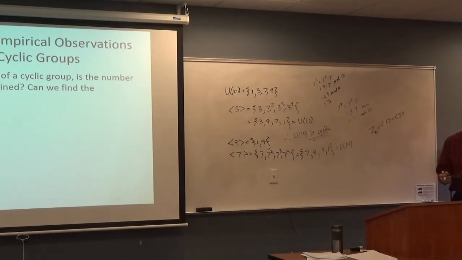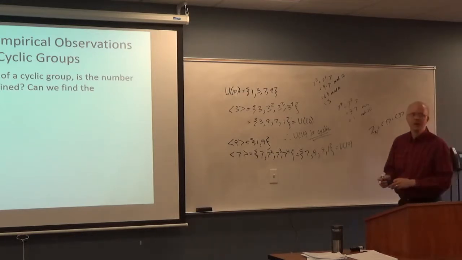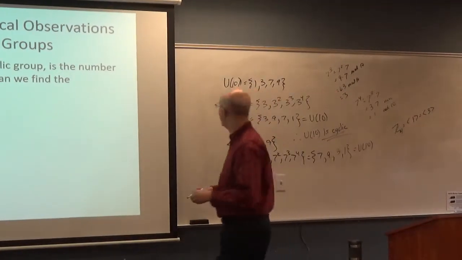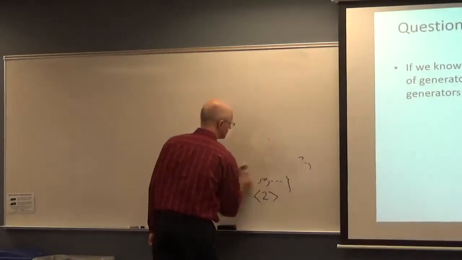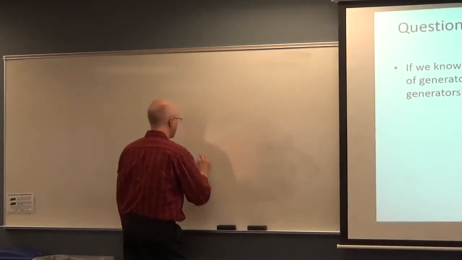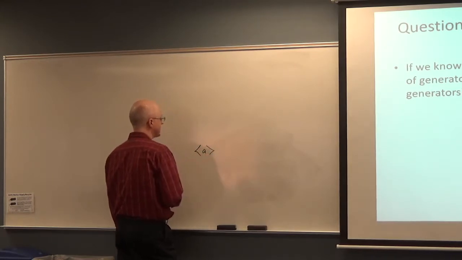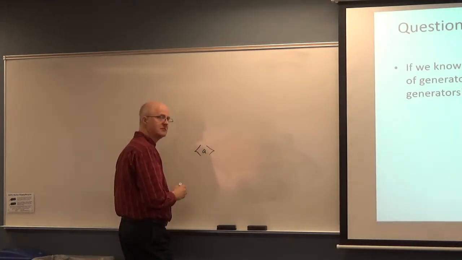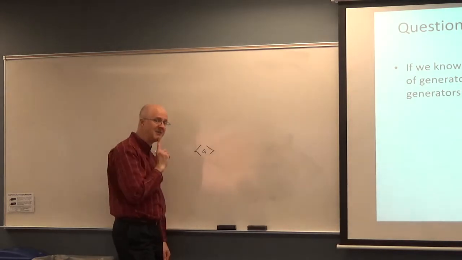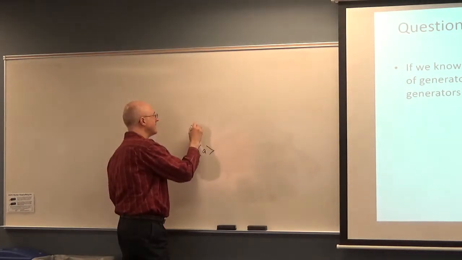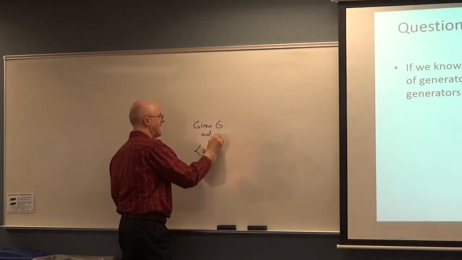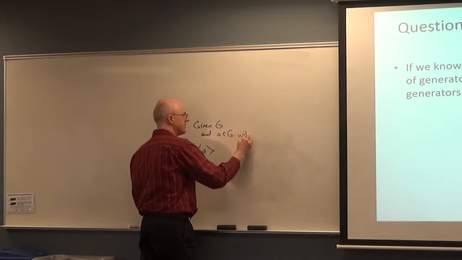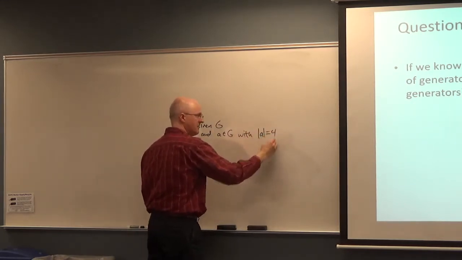Do all cyclic groups with 4 elements have 2 generators? Maybe we can verify that in the abstract. Think about an arbitrary cyclic group of order 4, which would be generated by an element of order 4, given some group G and some element A in G with, say, order 4.